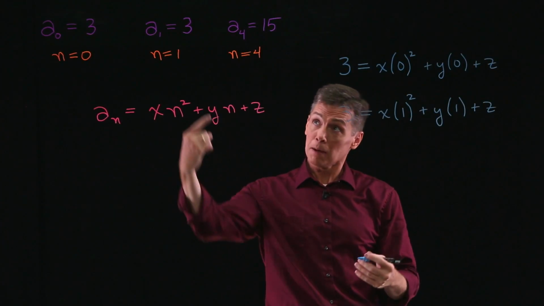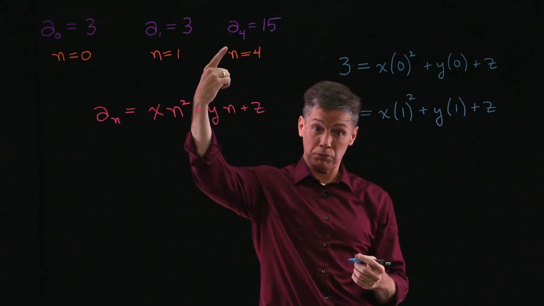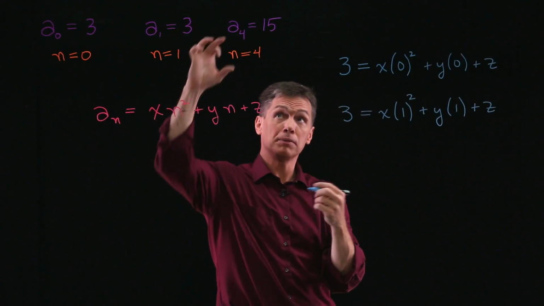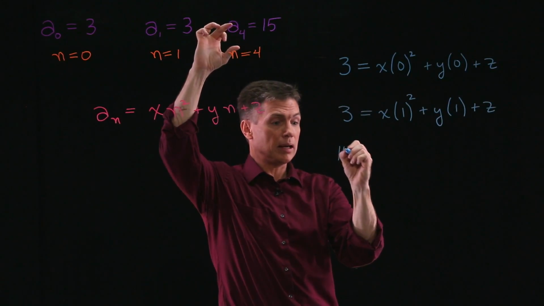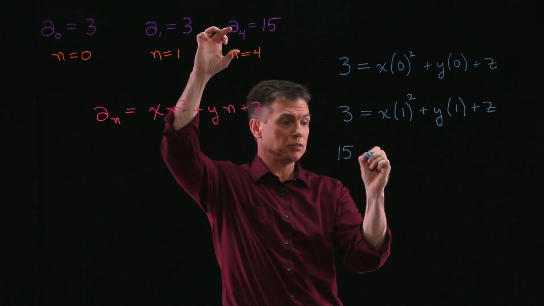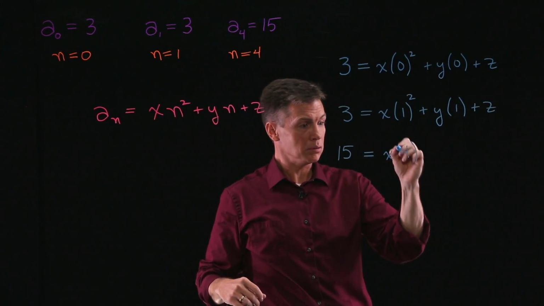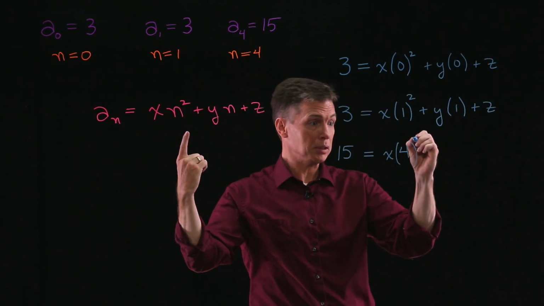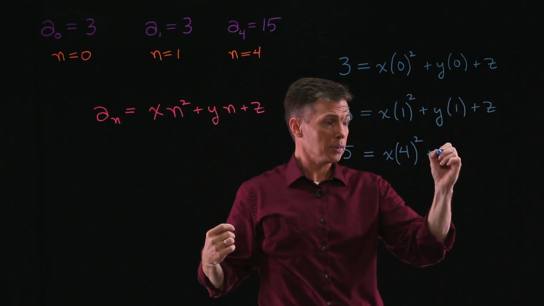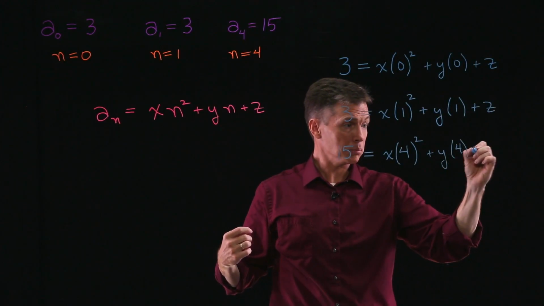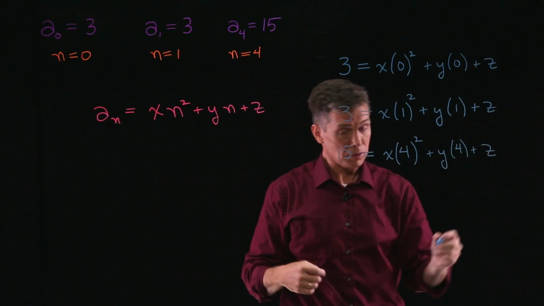And then the third piece of information they gave me was a sub 4. I look at the same template, but my n is 4. They tell me that a sub 4 equals 15, and I put a 4 in for n everywhere here. Okay. Y times 4 plus z.